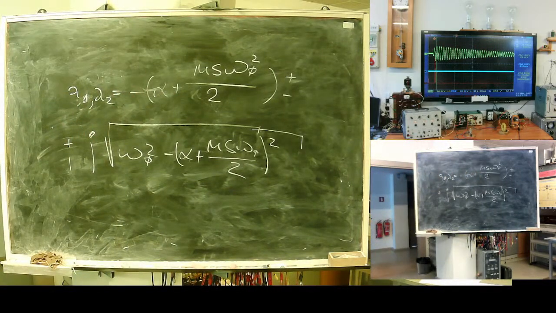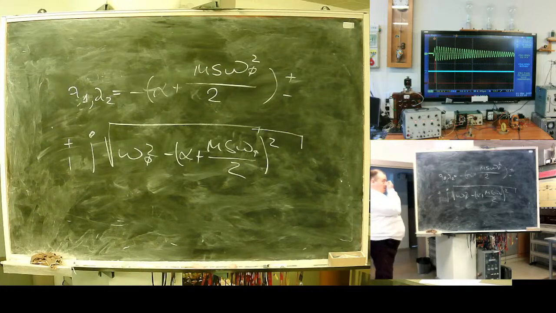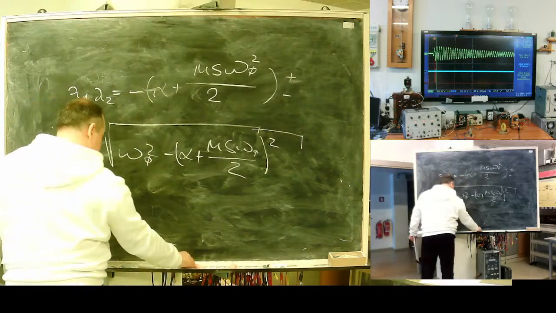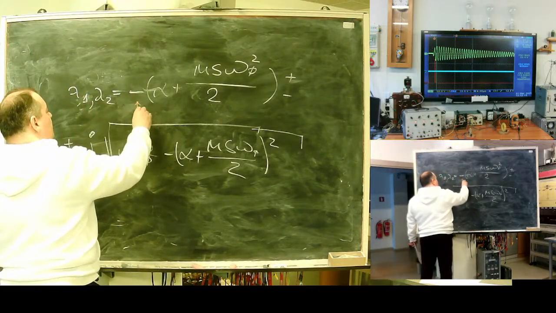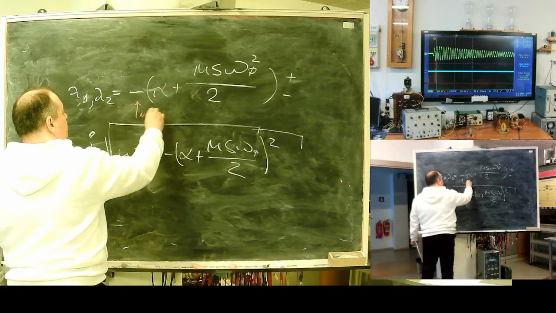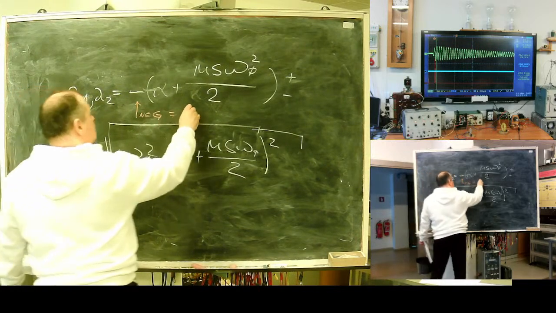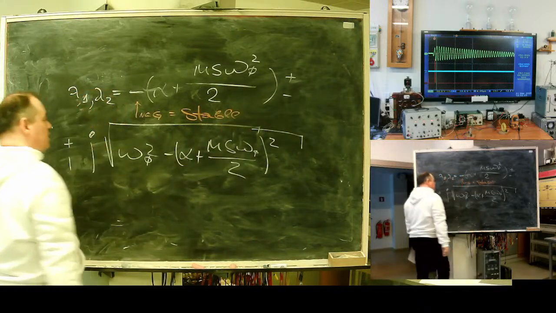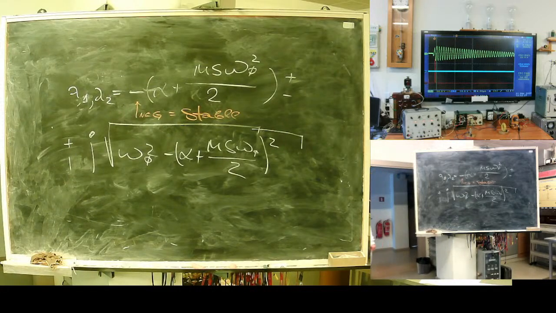Here are two roots of my characteristic equation. What do we see? First, both roots are negative, so the system is always stable.